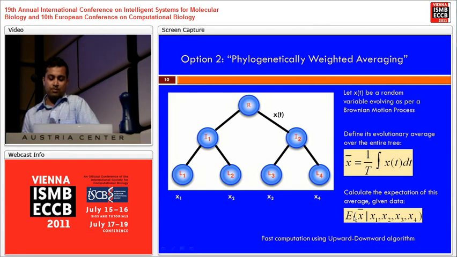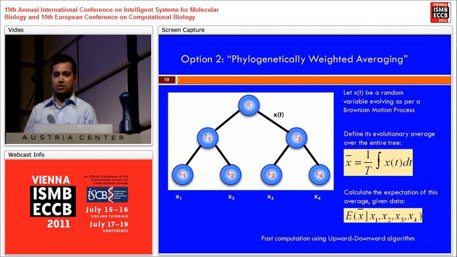You can compute the expectation of this temporal average given the observations x1, x2, x3, x4 at the extant species. And so this is the final phylogenetic average of the scores that we use to predict the amount of motif presence in any given window in the genome.